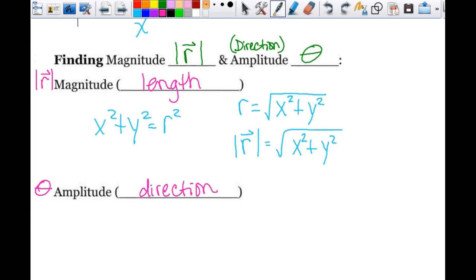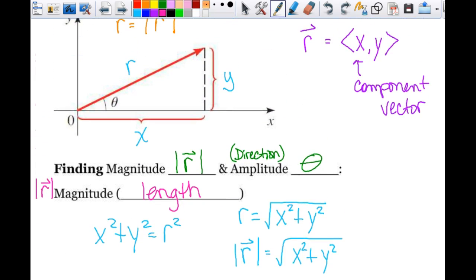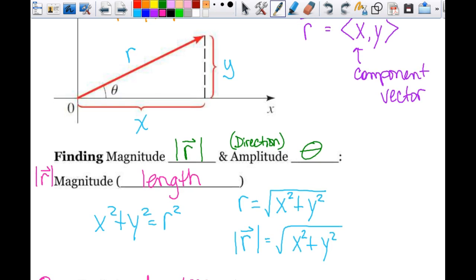Okay, so look back up at the picture. If I know x and y, how can I use x and y to help me find theta? Sine or tangent? I heard both. Tangent. Now, if I knew r, could I really use any of them? Yes.